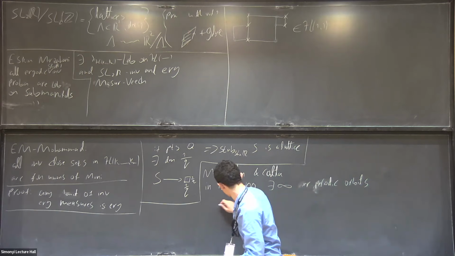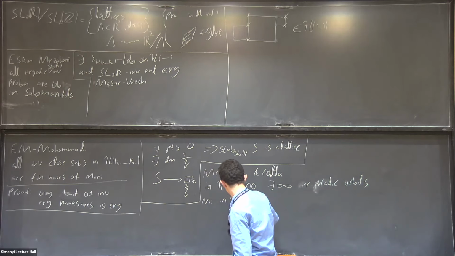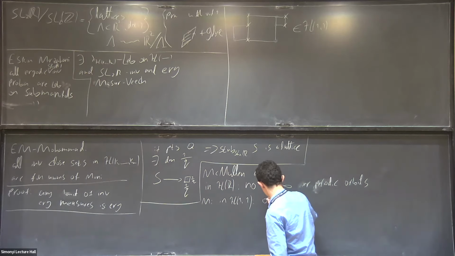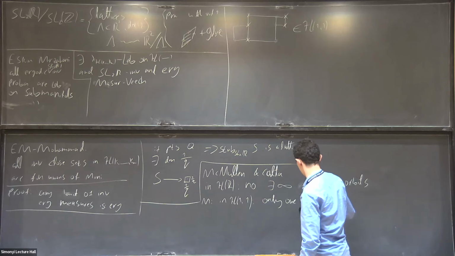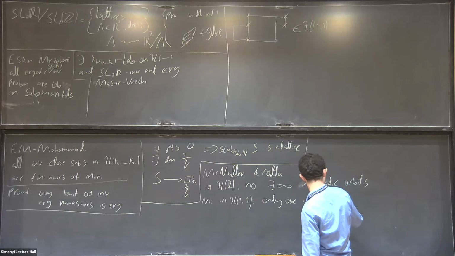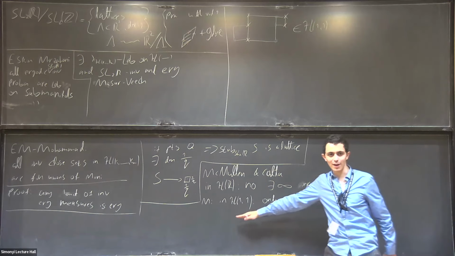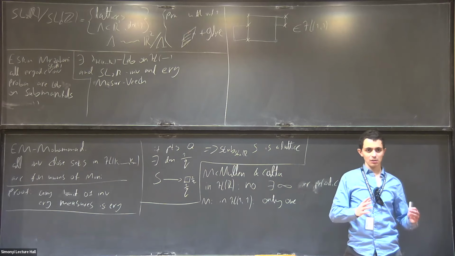However, this is a theorem only of McMullen. In H11, there is only one irrational periodic orbit. So it turns out that in H11 there is one periodic orbit which is irrational, and that's it.